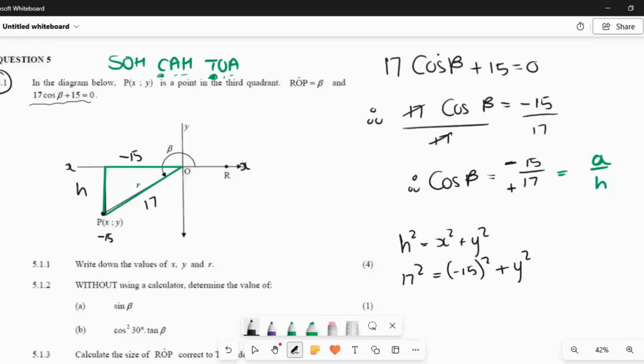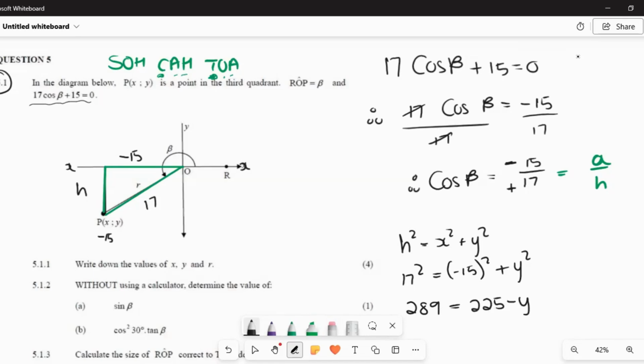So we're going to have 17 squared. I'm taking this very long, but it's okay for those that do not understand. Negative 15 squared gives us 225, right?